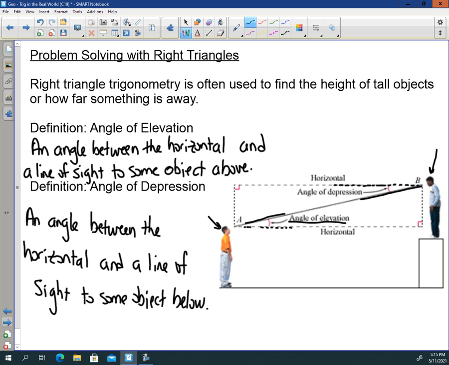It's all the same, except now you're looking down. Okay? So now that we know angle of depression and angle of elevation, let's solve some real-world trigonometry problems.